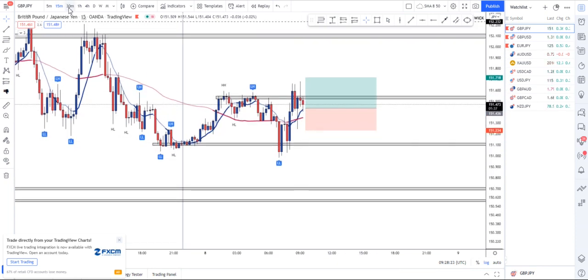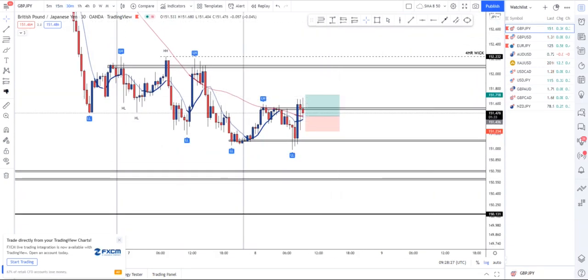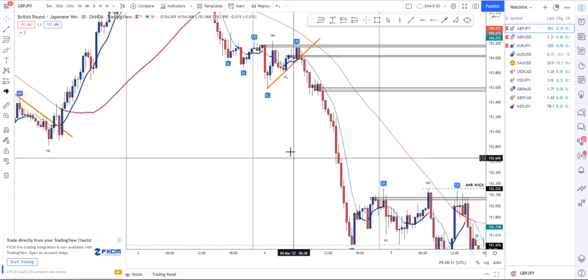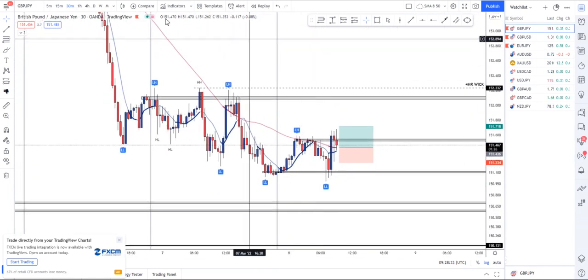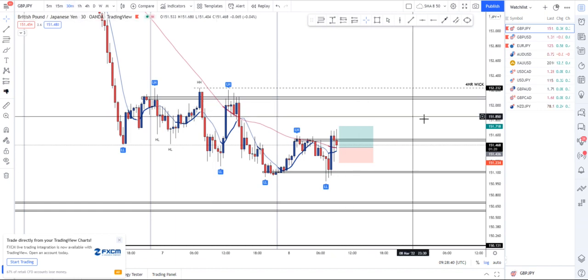The chart I like to stay on is the 30-minute time frame. It's just clear candles, easy to see. And then, like I say, I'm flicking between the 1 hour, 4 hour, and 15, either side of the 30-minute time frame.